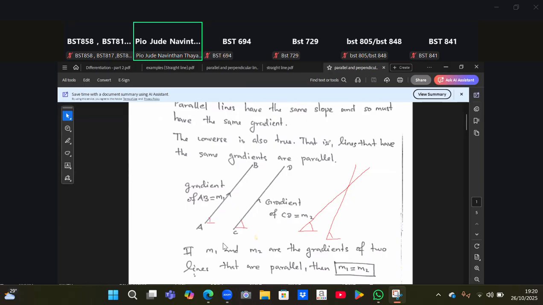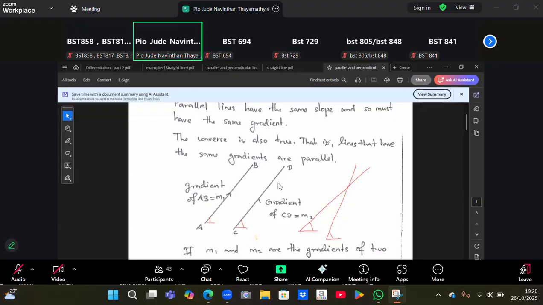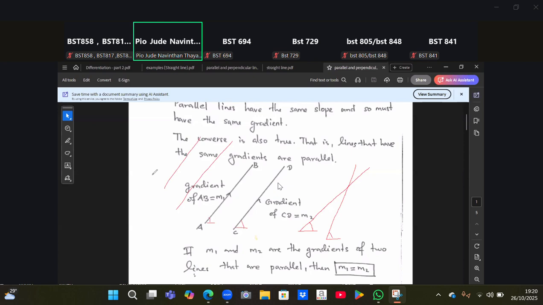There are so many parallel lines, so we have to specify which parallel line. Parallel means the gradient is the same, but it goes through some point.